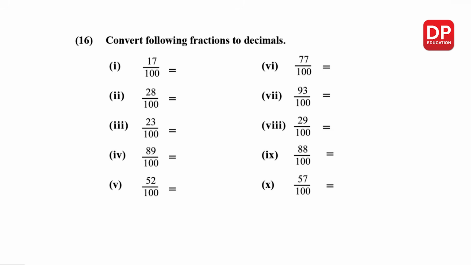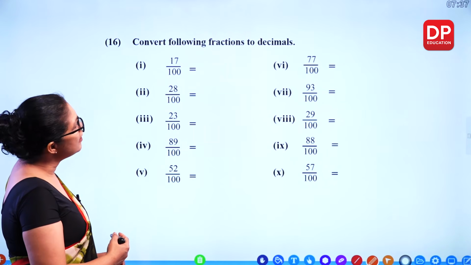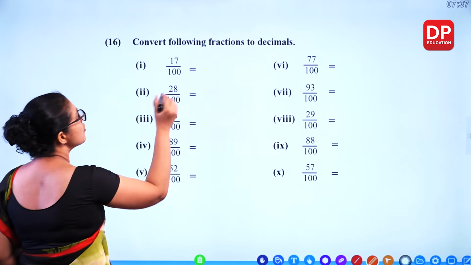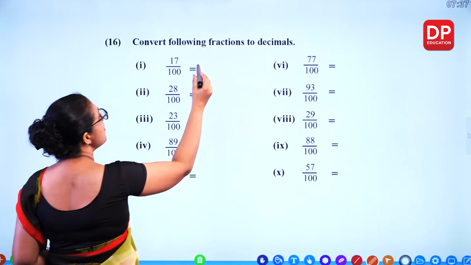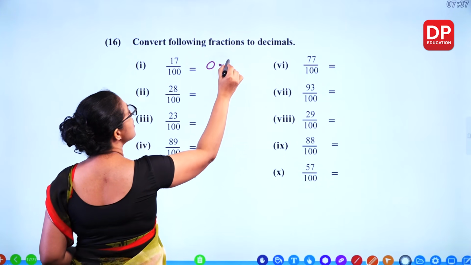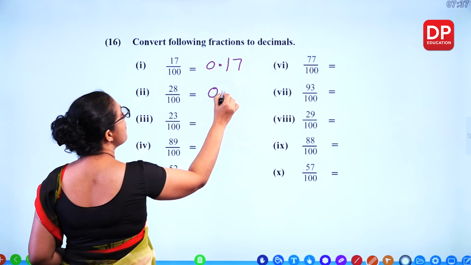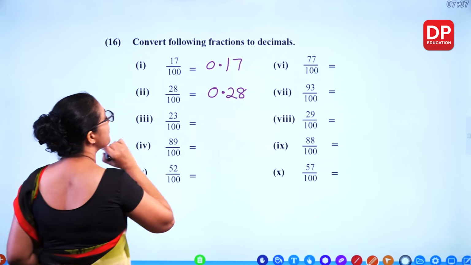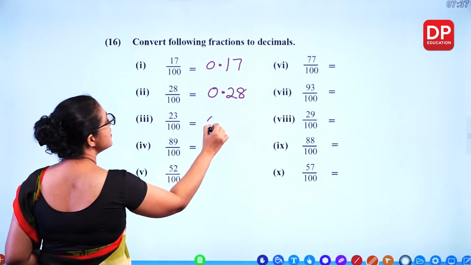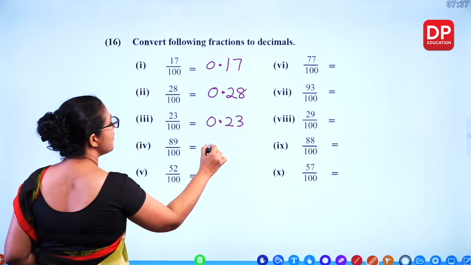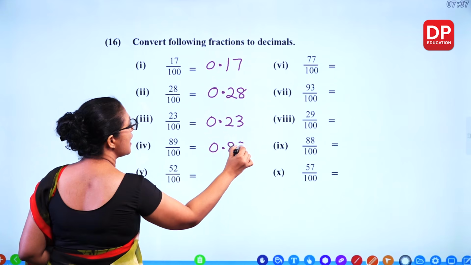Convert following fractions to decimals. All of these, you see, the denominator is 100. So that means you get two decimal places. 17 over 100, 0.17. 28 over 100, 0.28. 23 over 100, 0.23. And 89 over 100, 0.89.